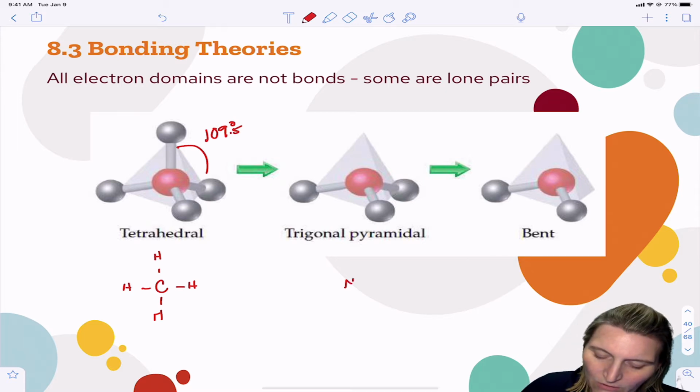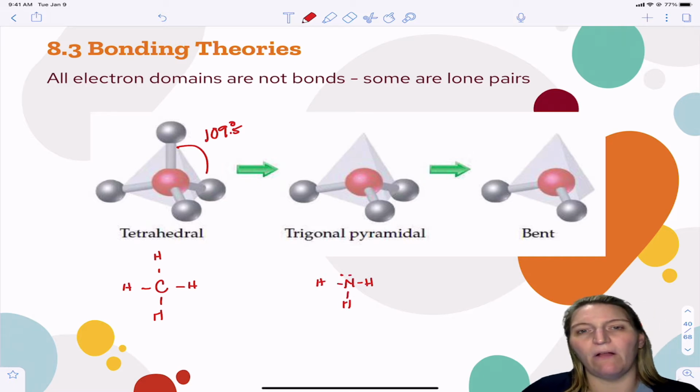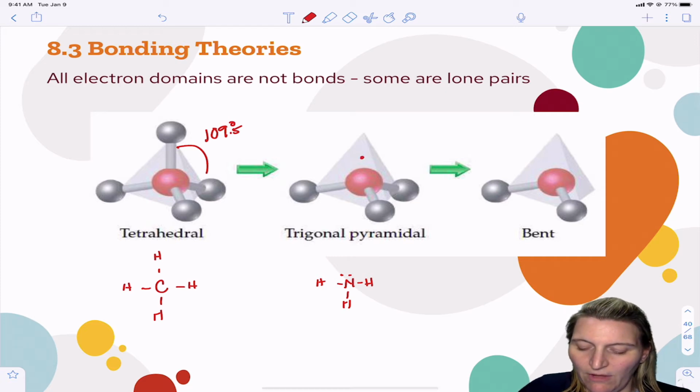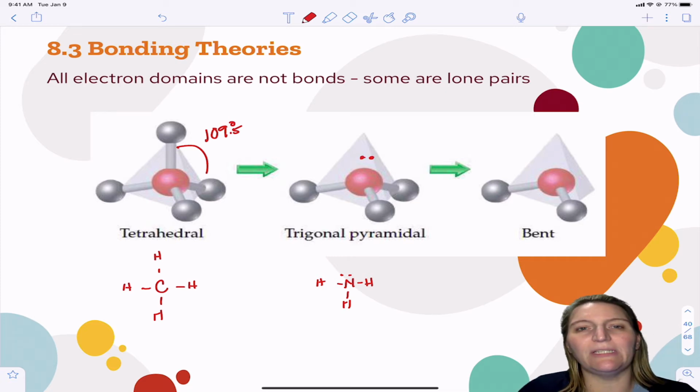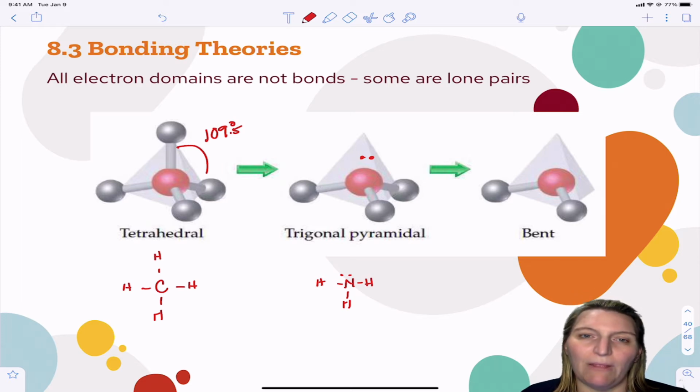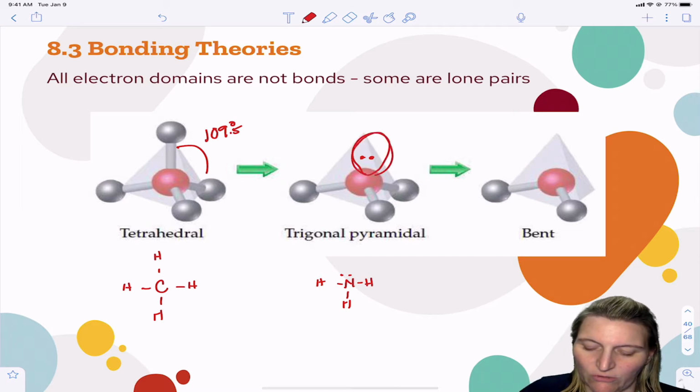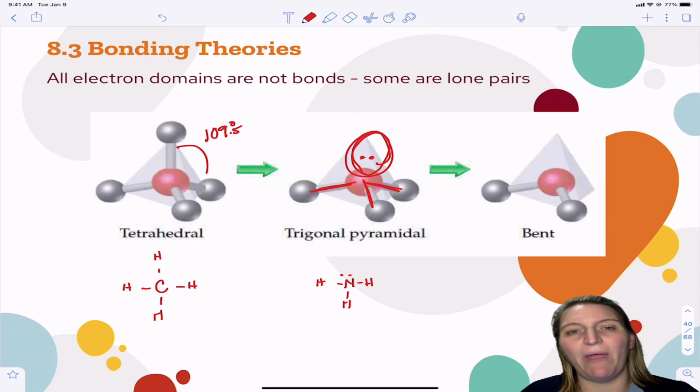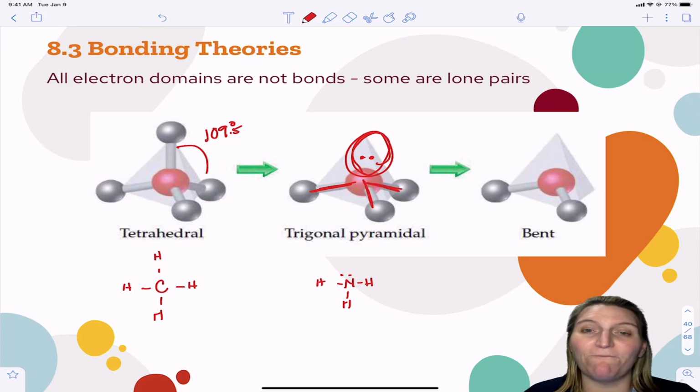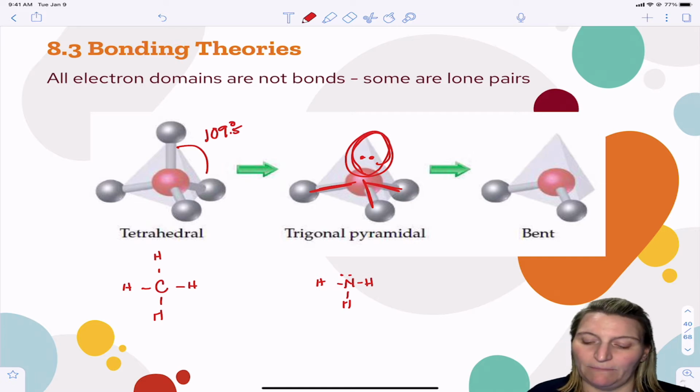What about a molecule like NH3, ammonia? That is a lone pair on the central atom. So think about this lone pair here still repelling the other electrons in the bonds. So even though you can't see the electron pair, these bonds still repel as if there are 4 electron domains around it.